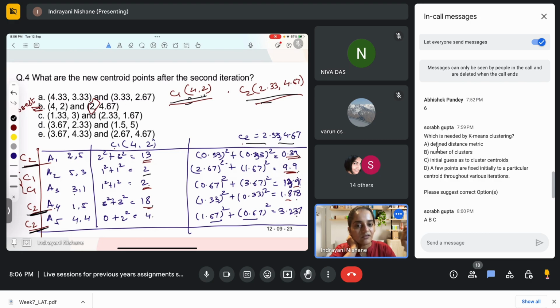So again, if you want to reduce your labor, you take an educated guess for your first cluster point. But if you don't care about it, then you take any random numbers and start calculating. You will eventually get to the same centroid. What matters is the number of iterations when we are manually calculating. But you don't have to worry about that, because I have been repeatedly telling this, there are tools for cluster calculations.